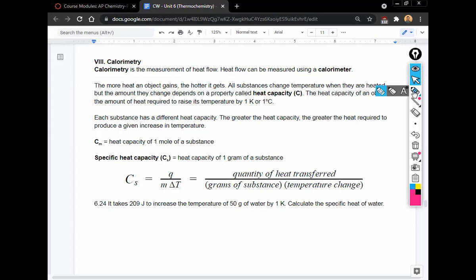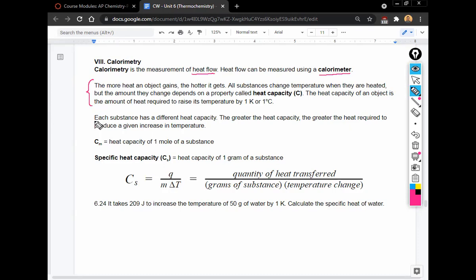Okay. All right, so calorimetry, it's basically a measurement for heat flow. Like how energy moves from a hot body to a cold body, okay? And we measure that heat flow using something called a calorimeter, okay? And so this part right here is something that we all know. The more heat you put into an object, the hotter it gets, right?